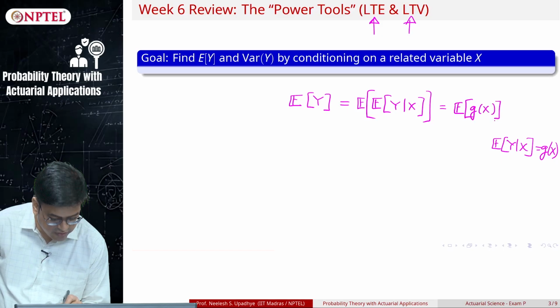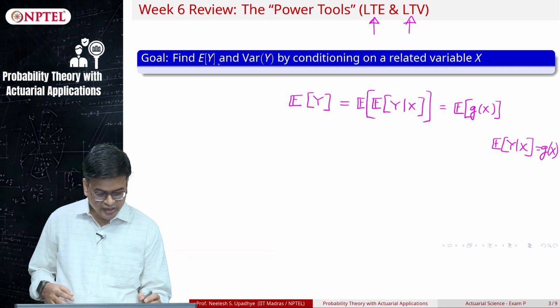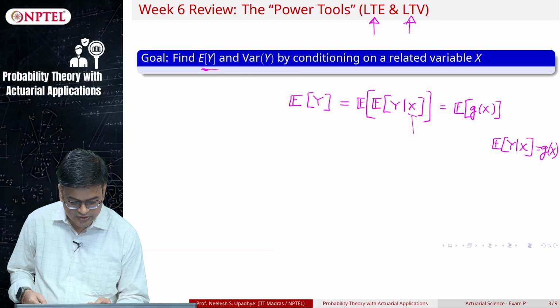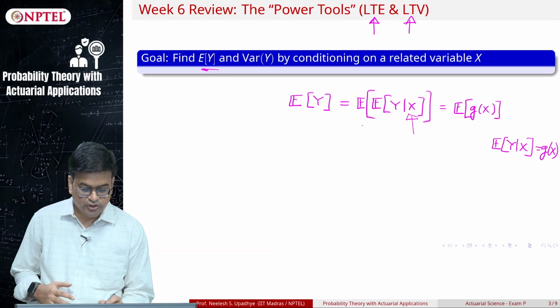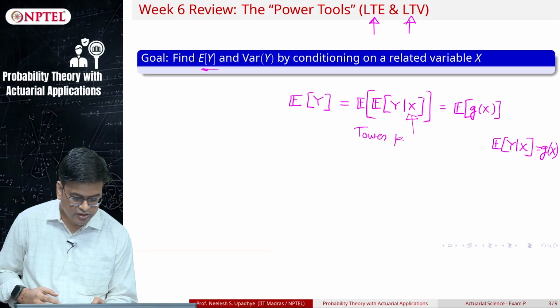This is the way we built the tower, and therefore we call this way of finding the expected value of Y via a related random variable X the Tower property.